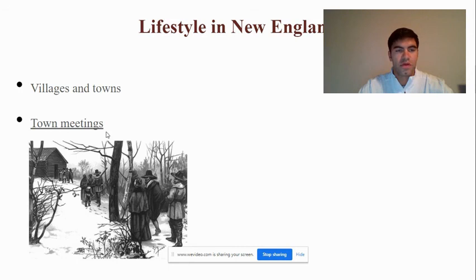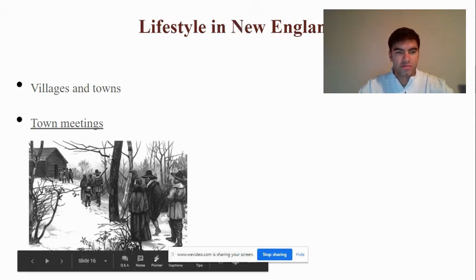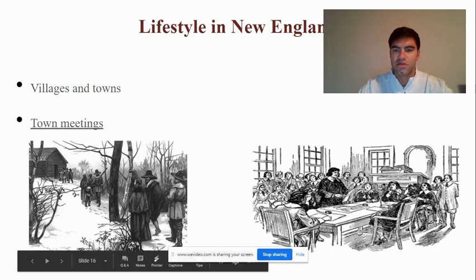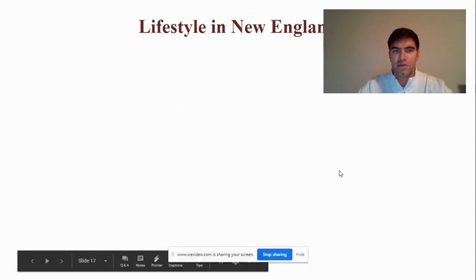Okay, so that philosophy is going to spread all throughout the New England region. Okay, so they're going to have those weekly or bi-weekly town meetings, and they're going to vote for or against laws. And at those meetings, they're going to pass laws for the good of the colony. That's their goal. So here you see an image of one of the town meetings occurring.